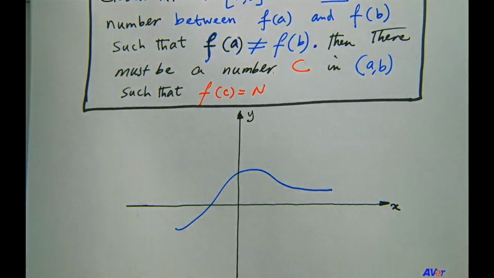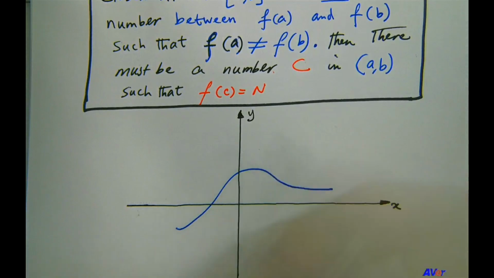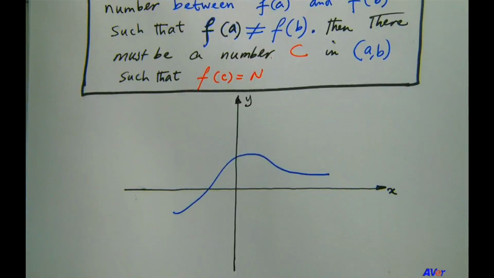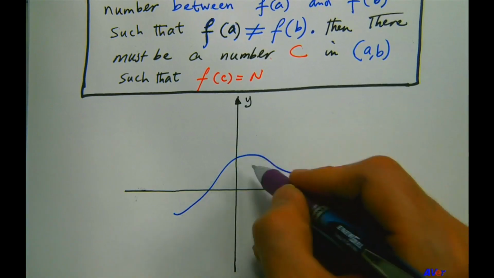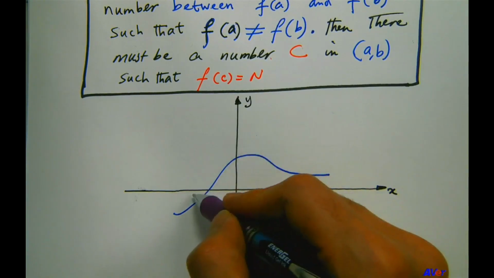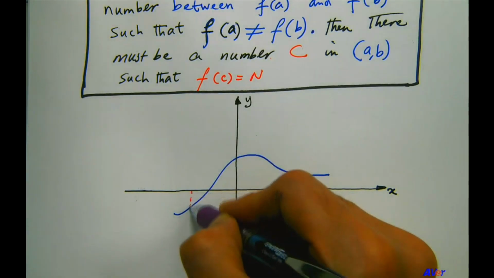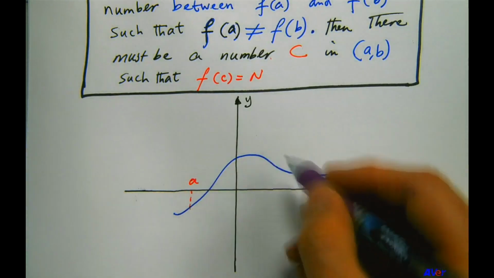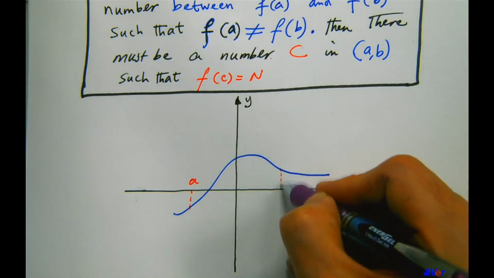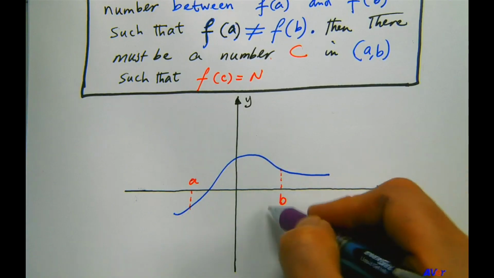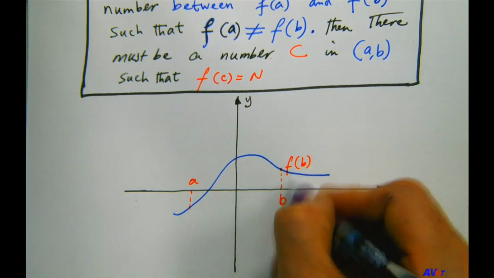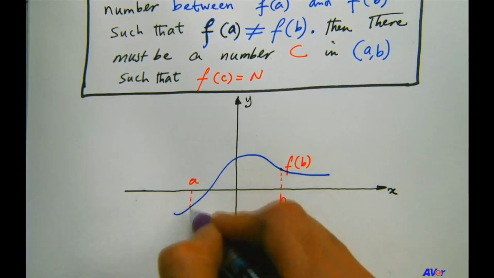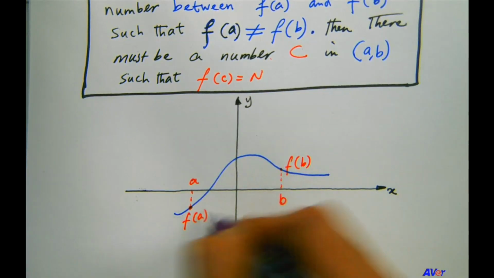And if we have, let's say, an A here, and a B here, right? So that point would be the function value at B. This would be the function value at A.